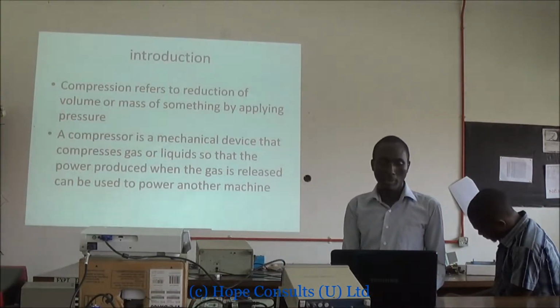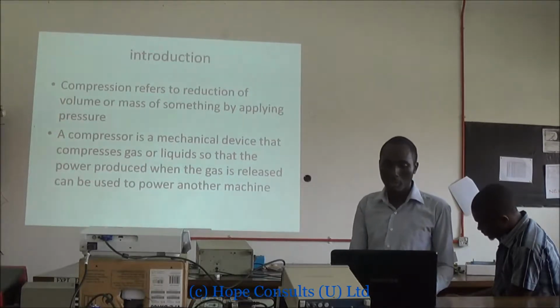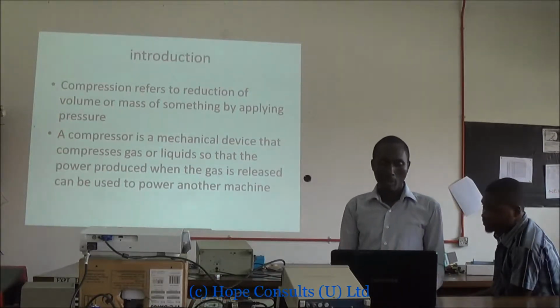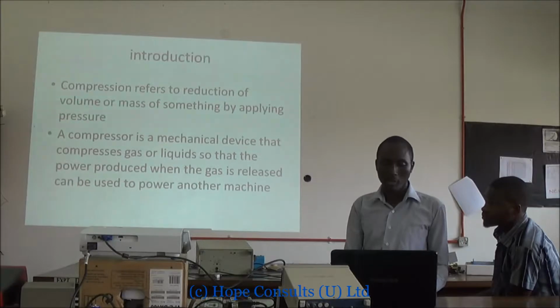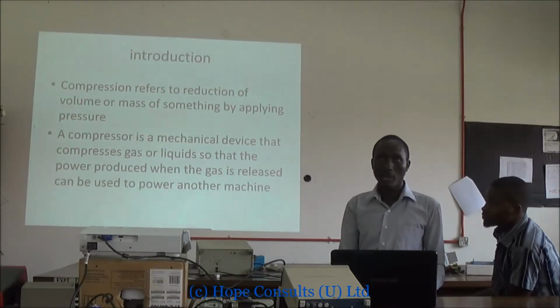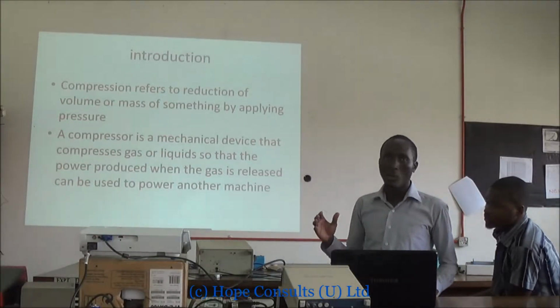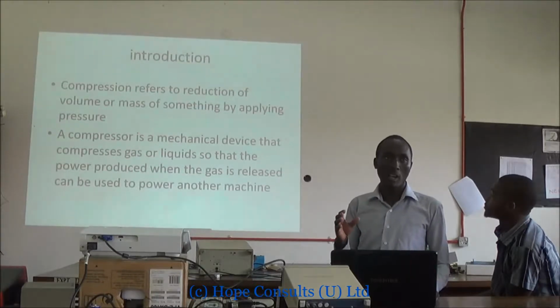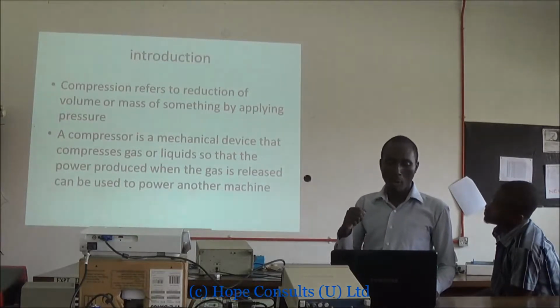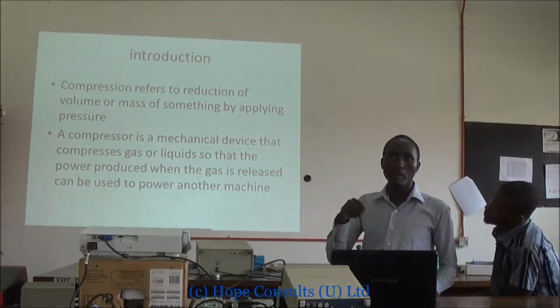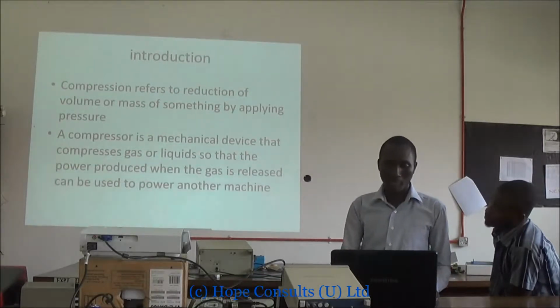So it is a mechanical device that compresses gas or liquids so that the power produced when the gas is released can be used to power another machine. So when we increase its pressure, the power we are creating is mainly meant to run the other machine.